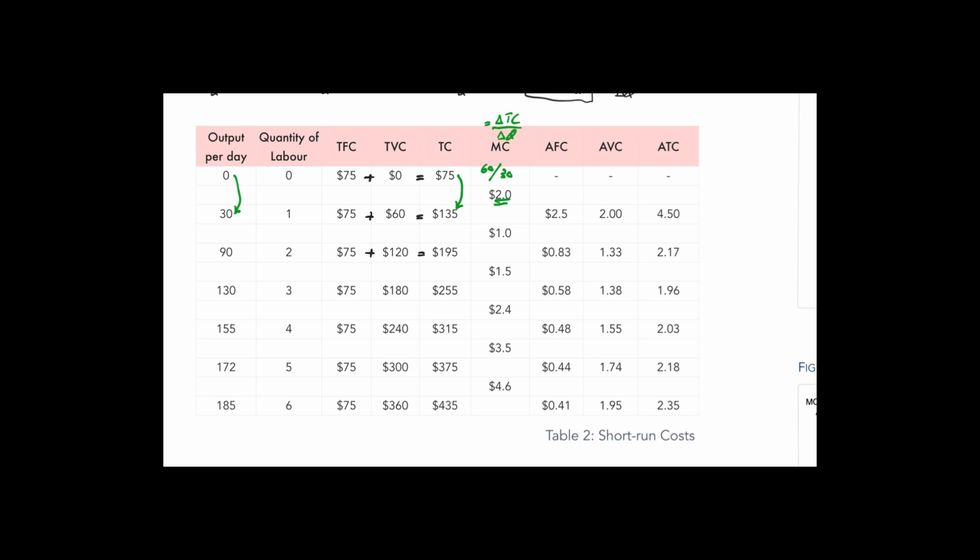So from my first 30 cars, to clean every car, the marginal cost is the addition in the total cost, or the addition in the variable cost. You can actually do it through this also. Look, variable cost 0 to 60, so 60 divided by 30, you're getting the same results. It's not happening because of the fixed cost, because that doesn't change, so it has nothing to do with it.